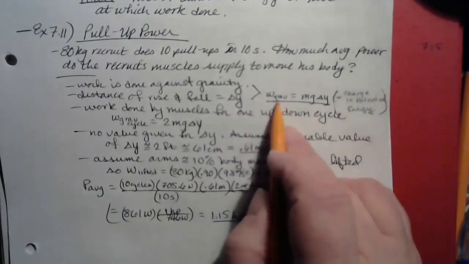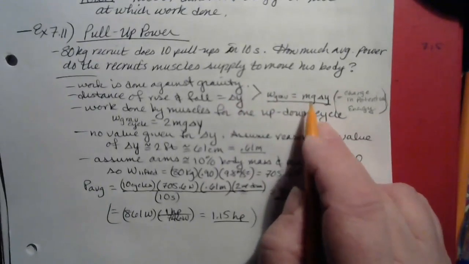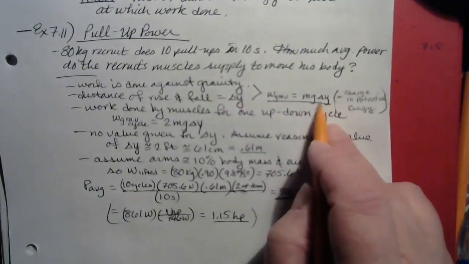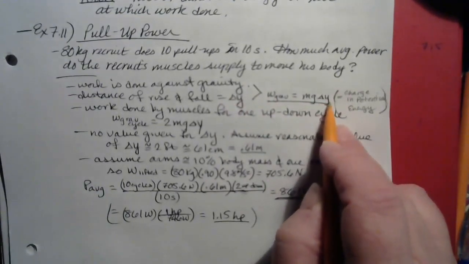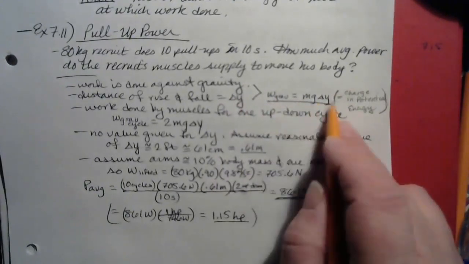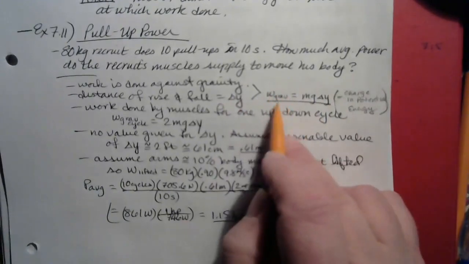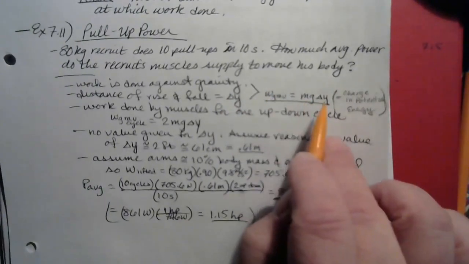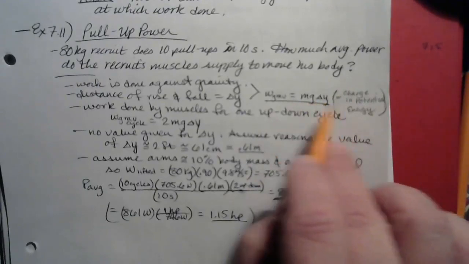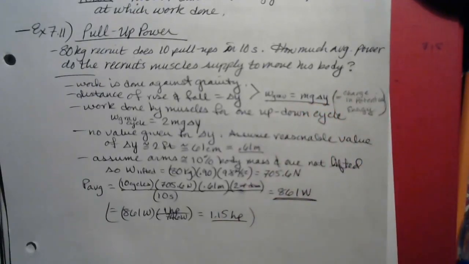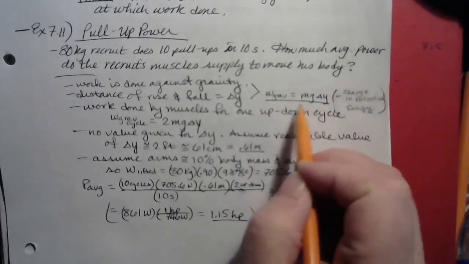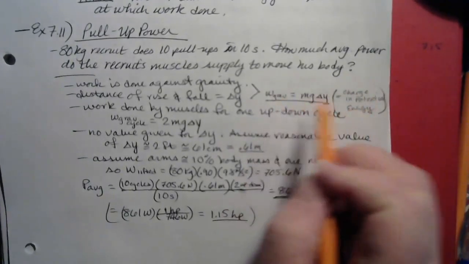But notice what we're saying, the work due to gravity is mass times gravity times the change in height, and mgh is also potential energy. So the work done due to gravity in this case is equal to the change in potential energy that happens basically during each cycle times the number of cycles, each cycle up and down. So that's just another way of relating work to potential energy.